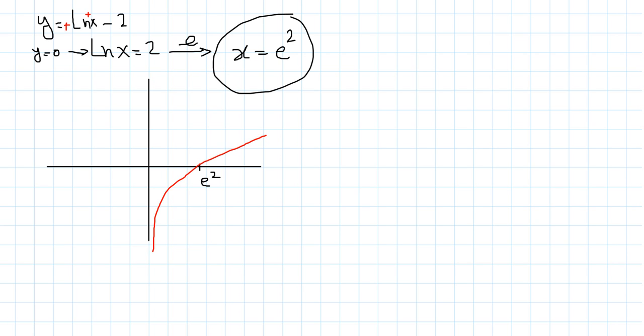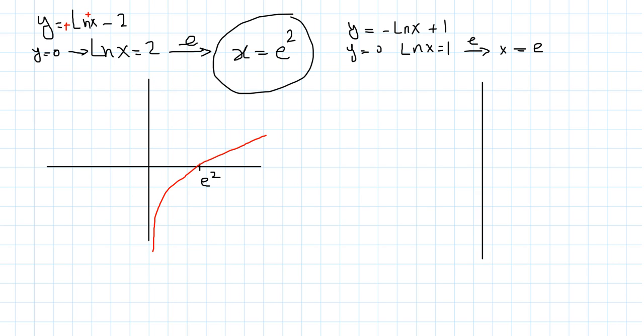Now let's go to the last example. Y equal minus ln x plus 1. Again I find y equals 0 for the intersection with the x-axis, so ln x is 1. Then if you use e, so it is x equal e. On x equal e, I have the intersection with the x-axis.